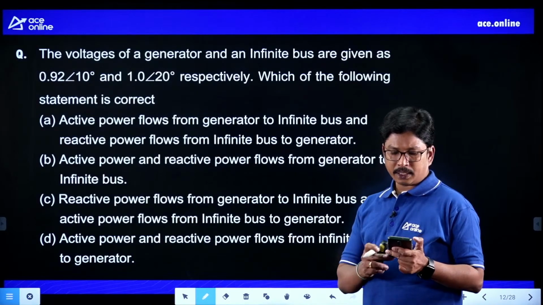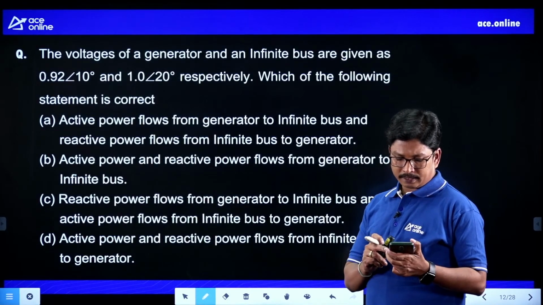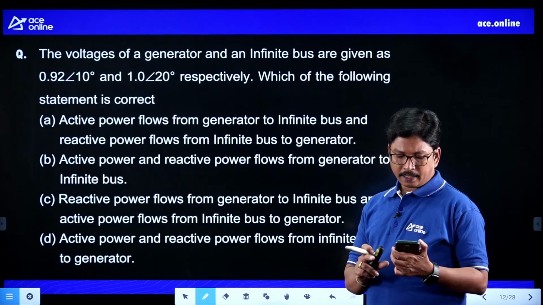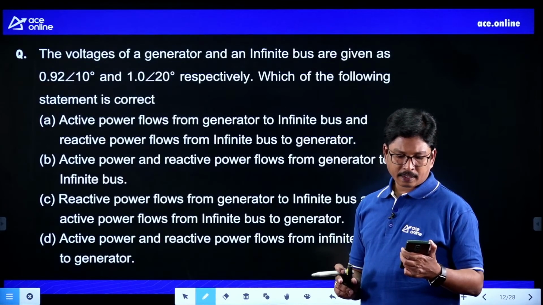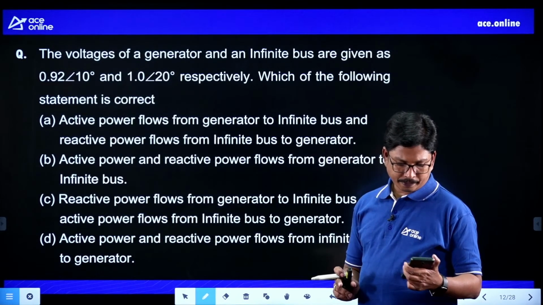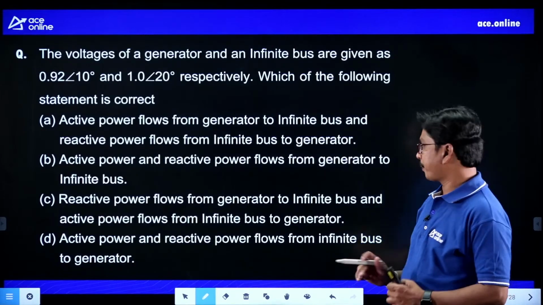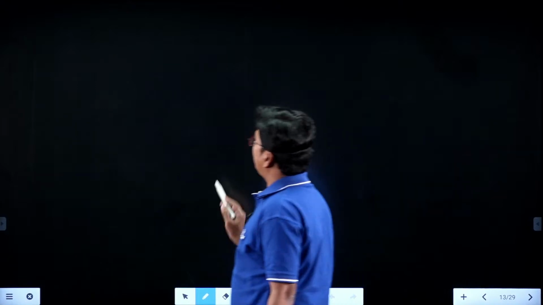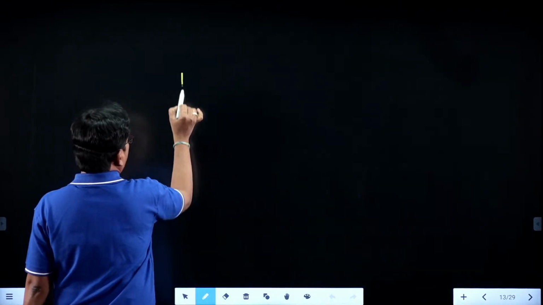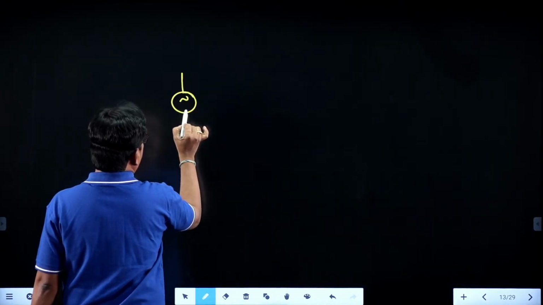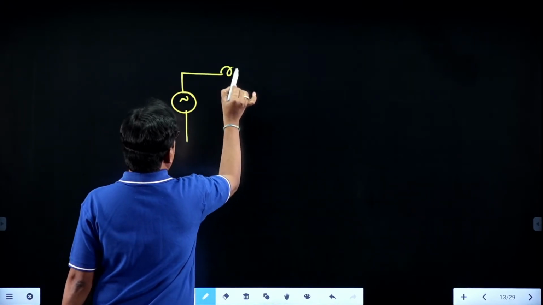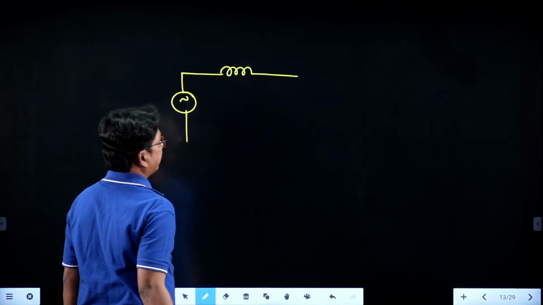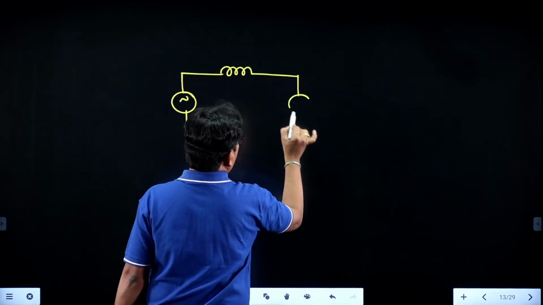Right, students. So I will give the answer. Please check it. In every power system network, whenever it is reactive, please check here students. In a power system network, suppose you have a generator here and in between we have the reactance, and one more machine here.